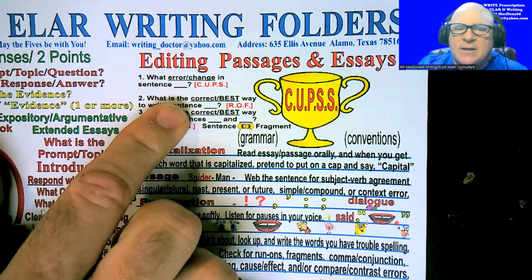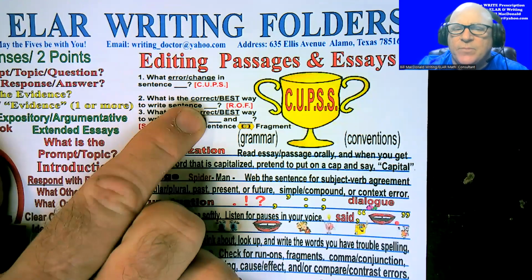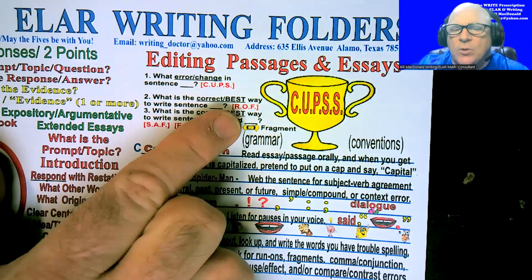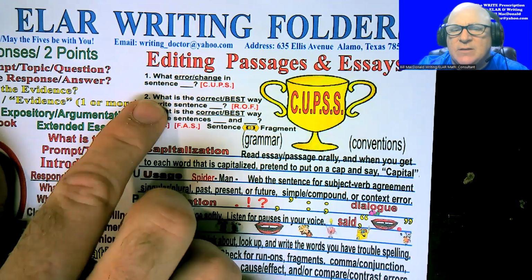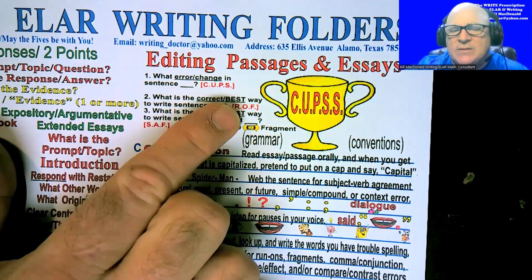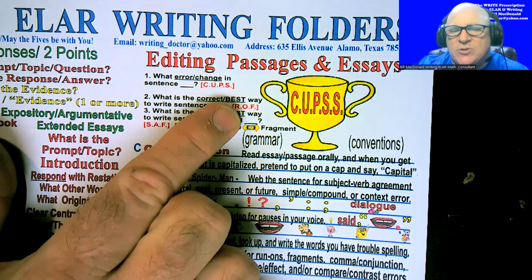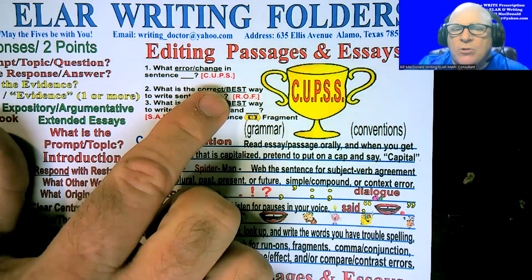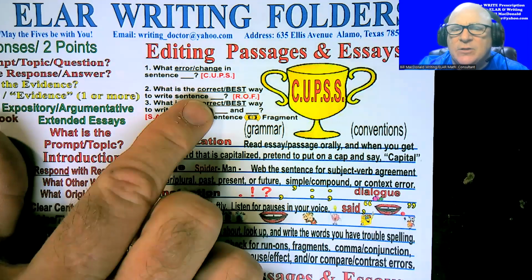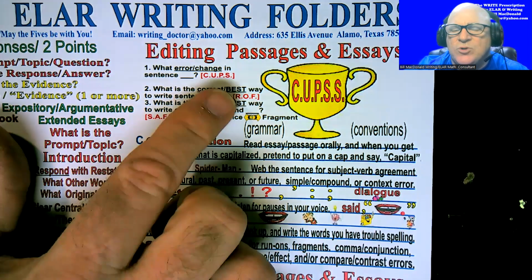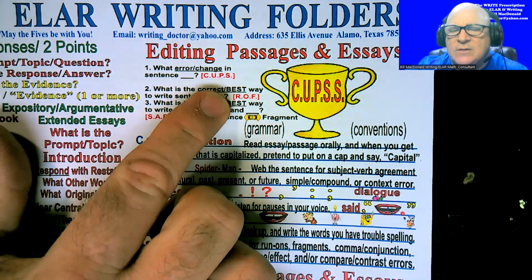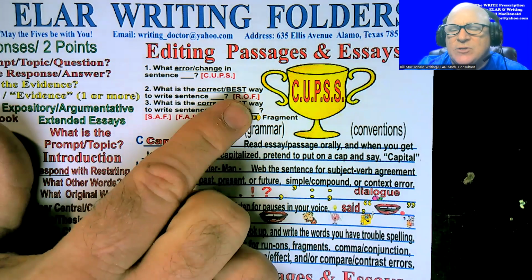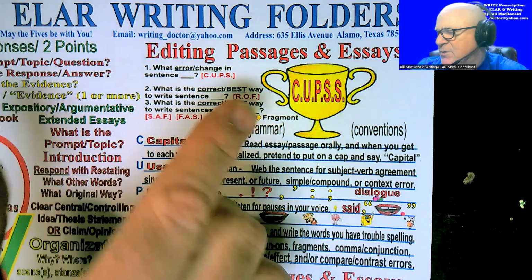So the one I want to look at today is, what is the correct way to write sentence blank? What is the best way to write sentence blank? Usually when best is capitalized, it means they're a distractor. And so whenever you see the word correct or best and singular sentence, that's what you can highlight on the test, and then you can label ROF, that it's a run-on or a fragment.